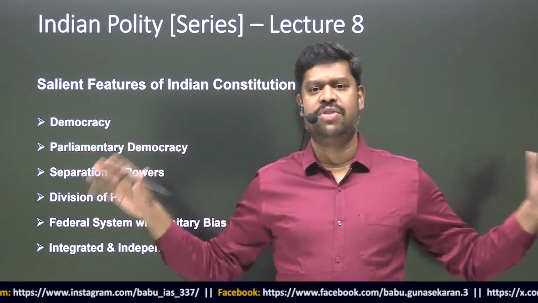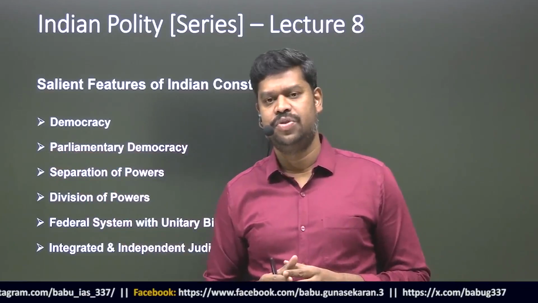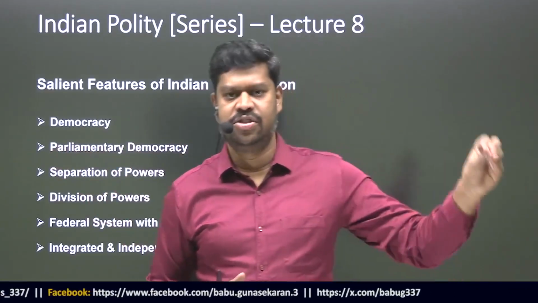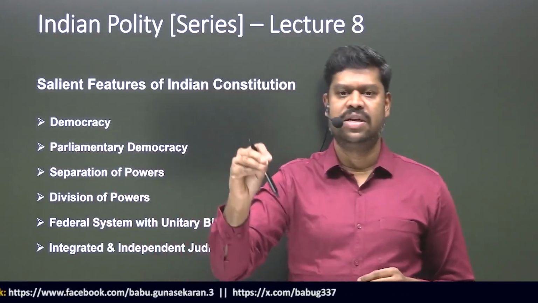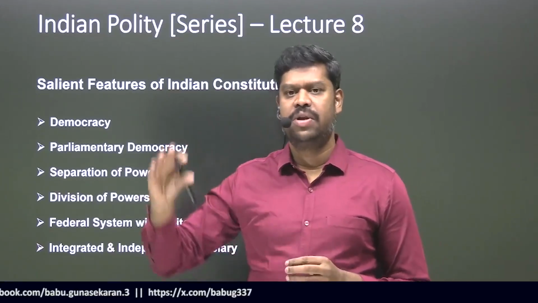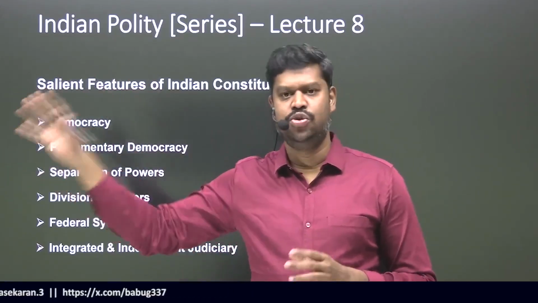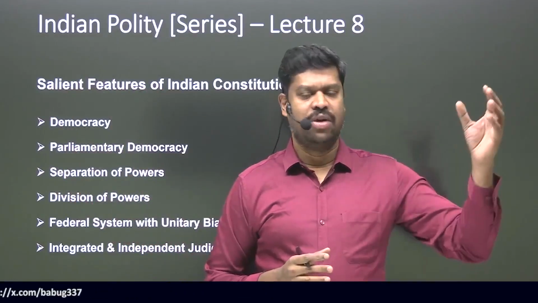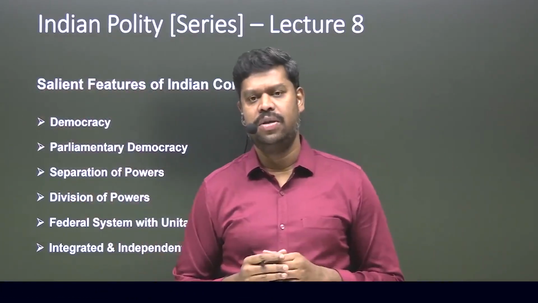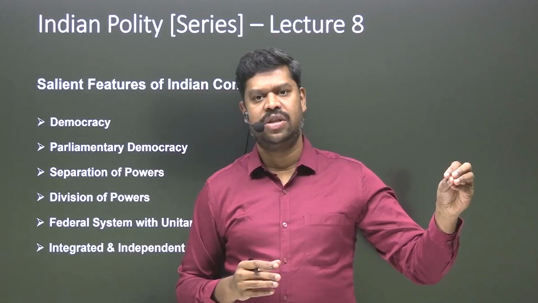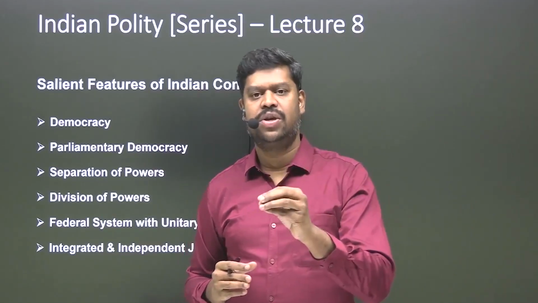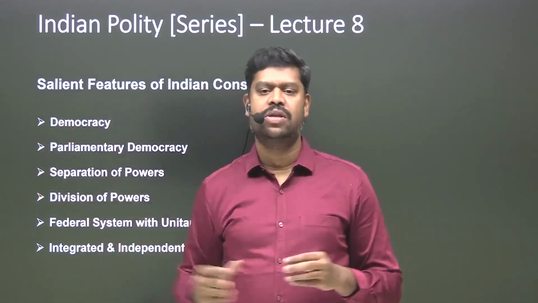And who are these different power centers? One power center is the legislature, one is the executive, and another is the judiciary. So we have three different authorities broadly: the legislature, the executive, and the judiciary.